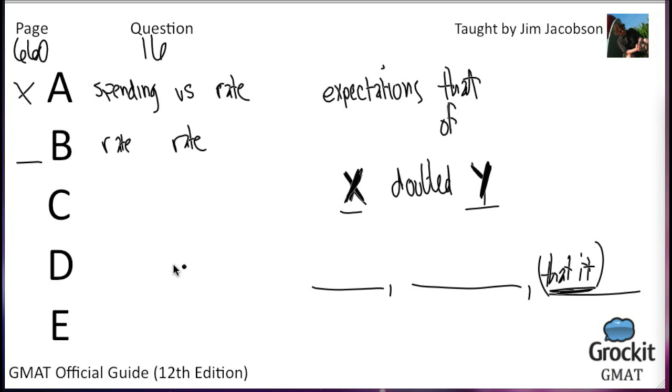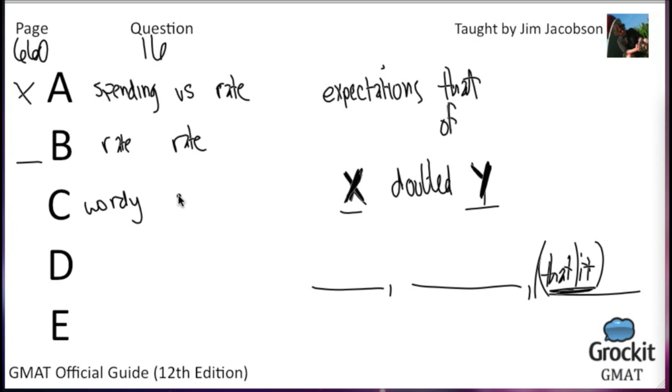In fact, that's kind of weird and unidiomatic. And because the GMAT hates extra words, that it in there is trouble. The only time we would want to see that repeated, if we had expectations that and then another that, would be if there were two different expectations that were parallel. That's the main place you're going to see that repeated in sentence correction sentences. So choice C is definitely wordy and potentially awkward.